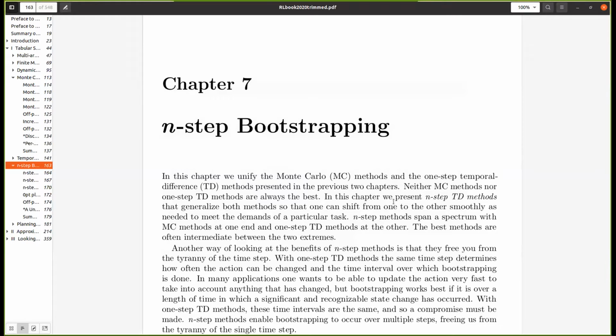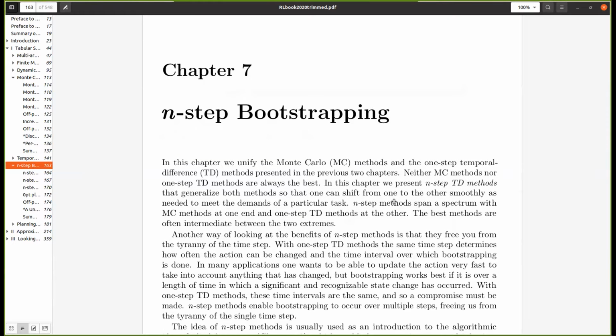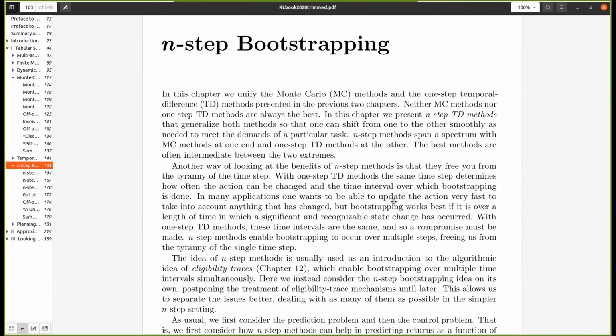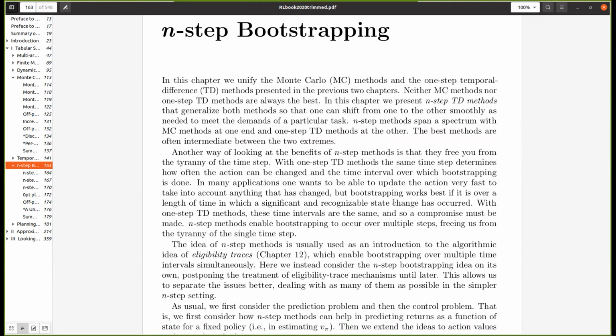So today we will be talking about the n-step bootstrapping approach. This is a generalization of the Monte Carlo and temporal difference methods we considered already.